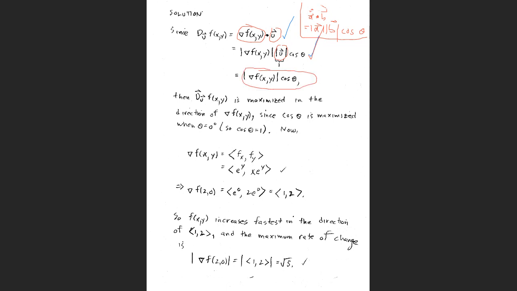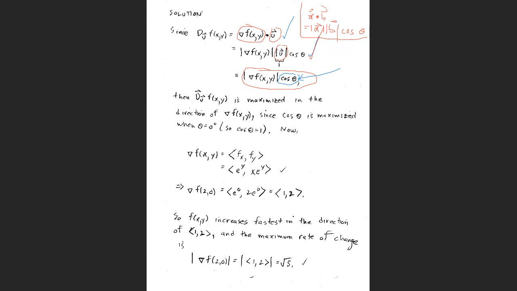So where is the directional derivative maximized then? Well, it all relies on this angle here. It all relies on the cosine of theta. What value would be largest for the cosine of theta? When theta equals 0.